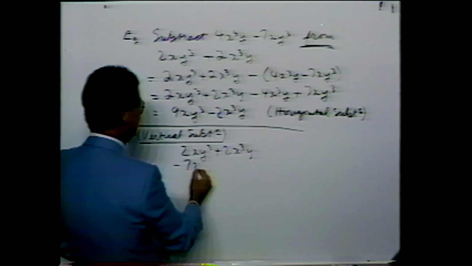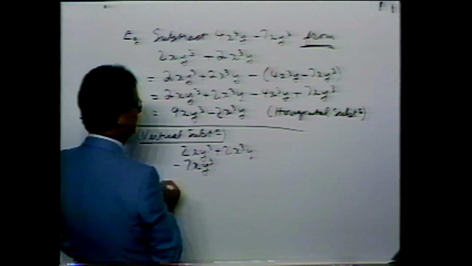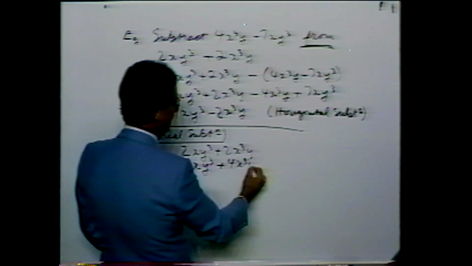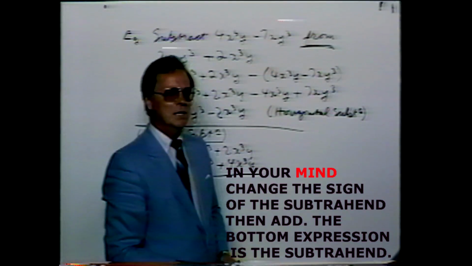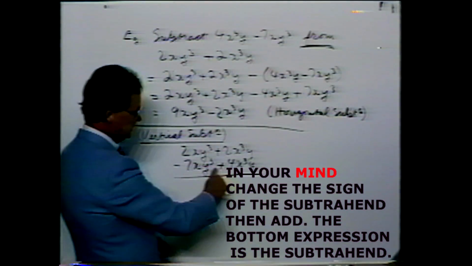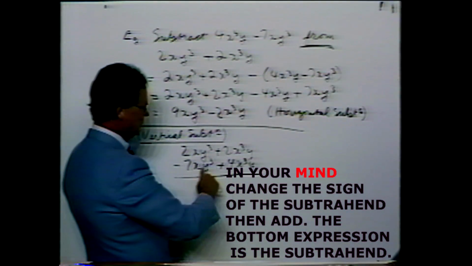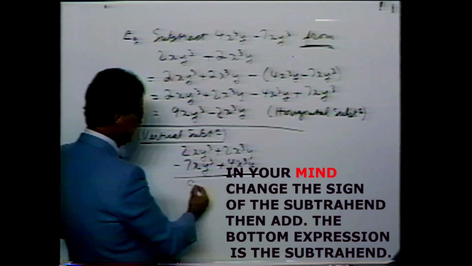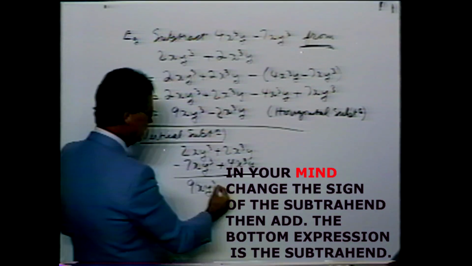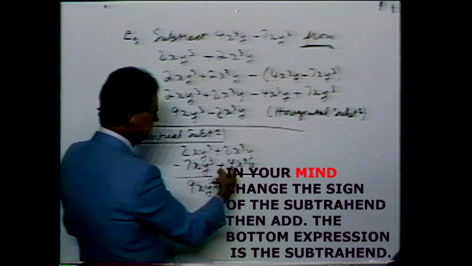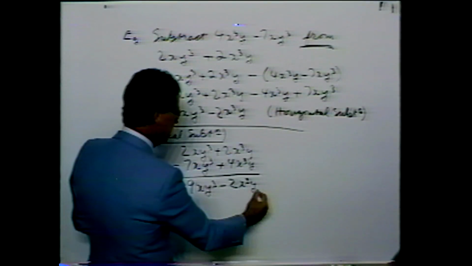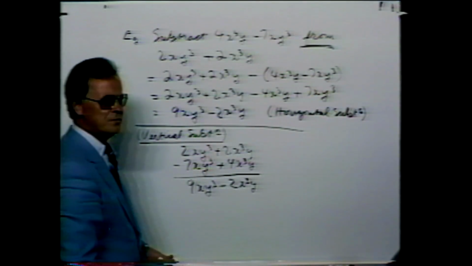So minus 7xy cubed will go there. And the plus 4x cubed y will go over there. Change the sign of the second group of terms. The positive 7 and 2 is then simply 9xy cubed. This is equal to negative 4 and finally negative 2x cubed y, and that's the same result as we found earlier.